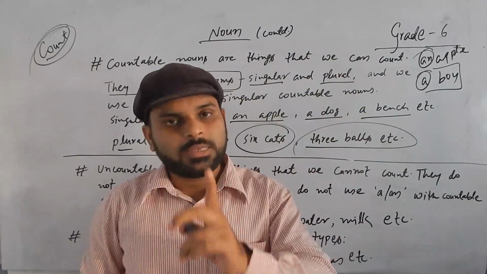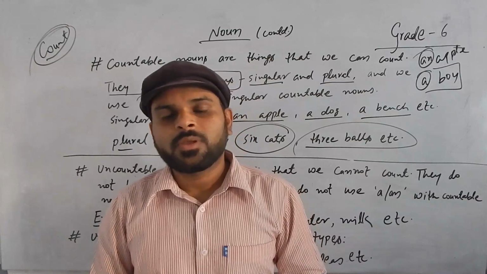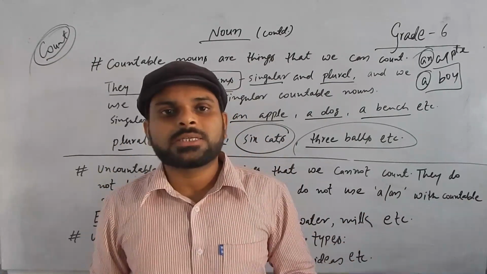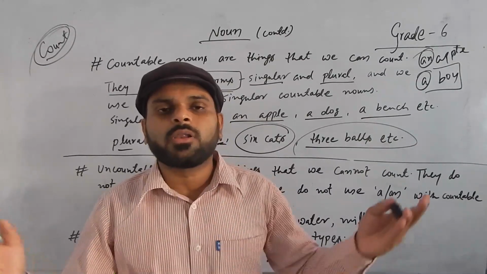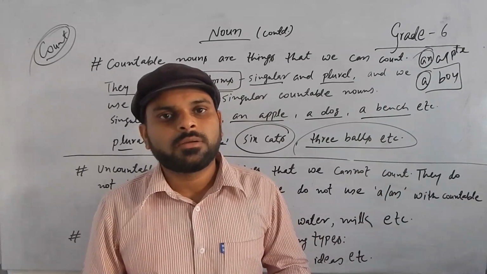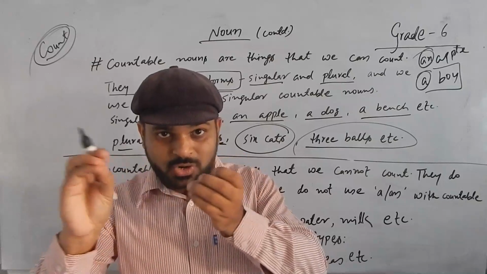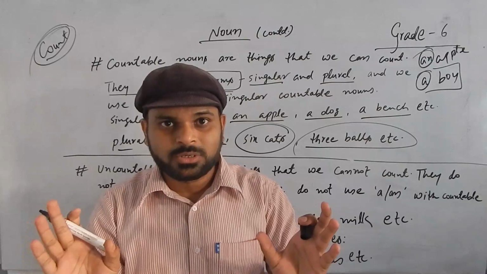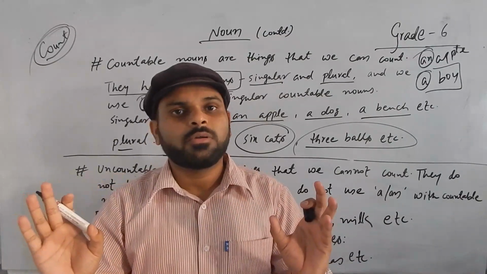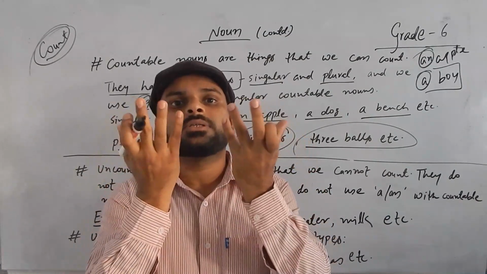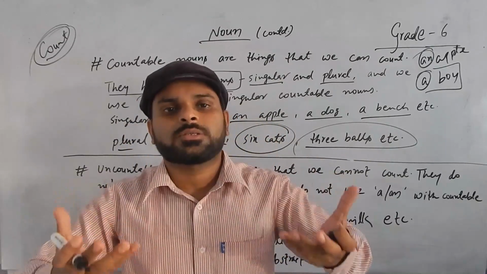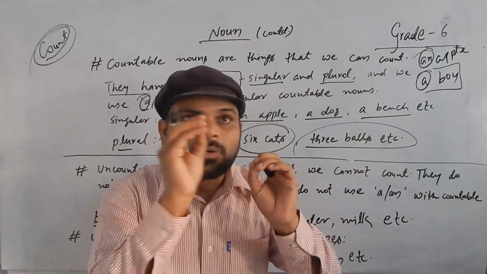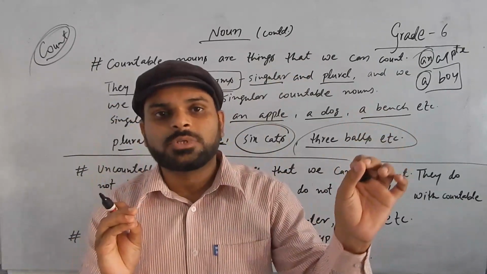Yes, exactly. Love, hatred. If your parents say, I love you a lot, my children, do they count your love? 1 love, 2 love, 3 love? No, because it is an abstract thing. It can be felt, but you can't see it, you can't count it.